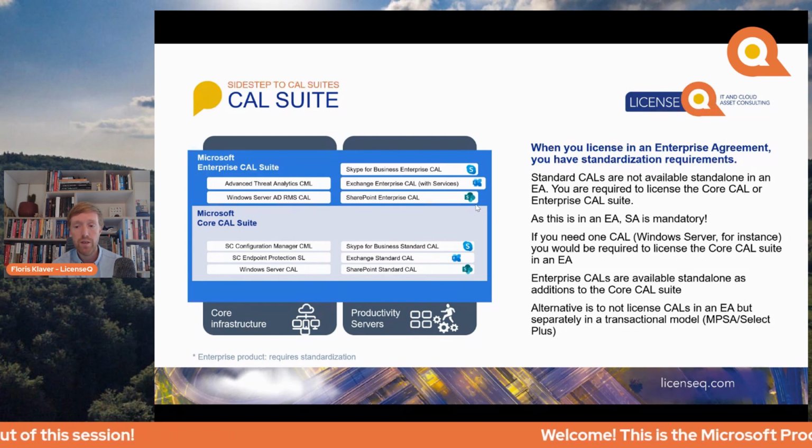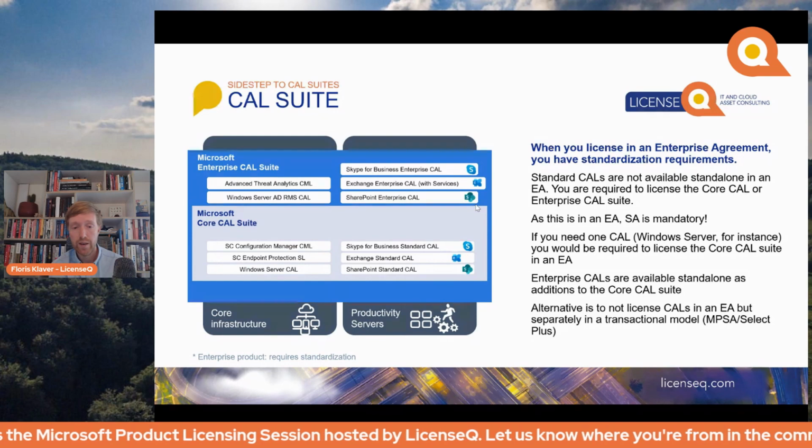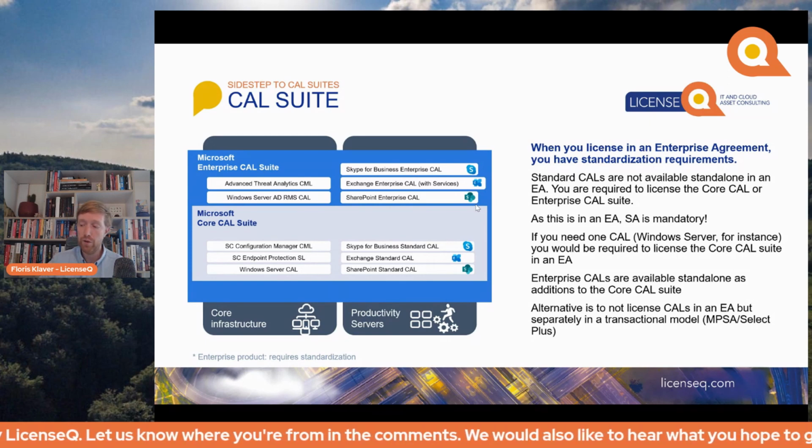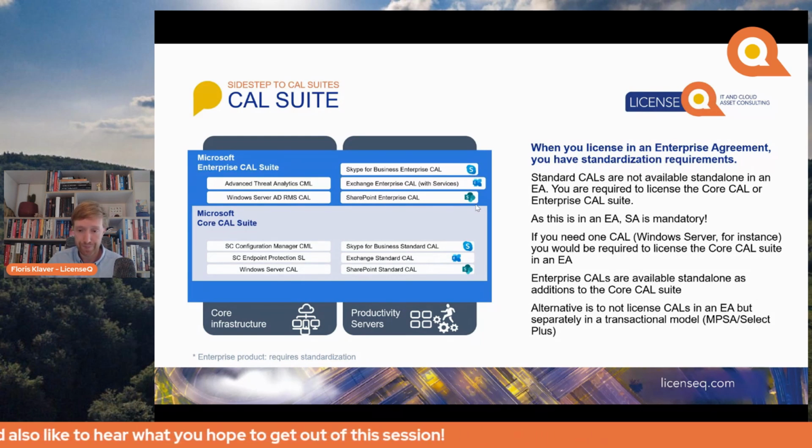So when you license in an enterprise agreement and want to standardize on your client access licenses, you should buy either the core CAL suite or the enterprise CAL suite. When you do this in the enterprise agreement, software assurance is mandatory. And if you only need one CAL, for instance a Windows Server CAL, you cannot buy this separately in an enterprise agreement.